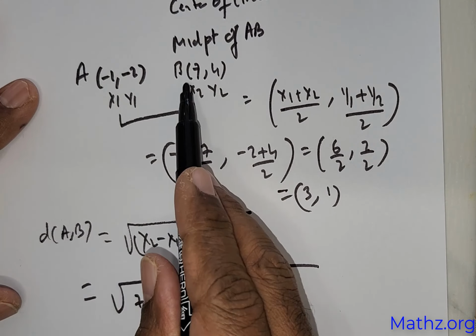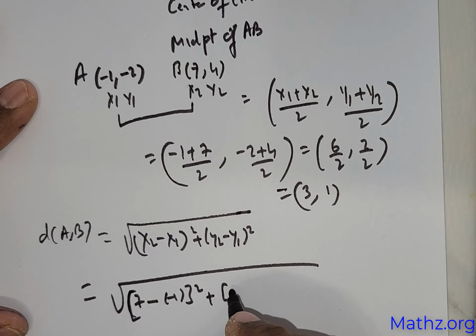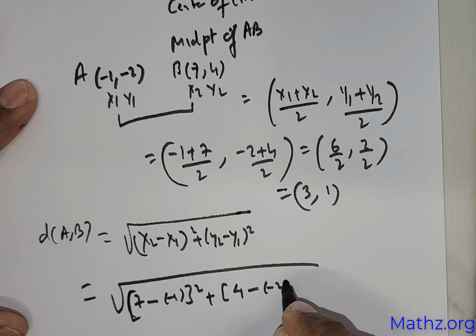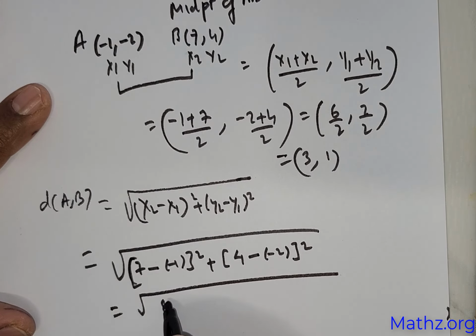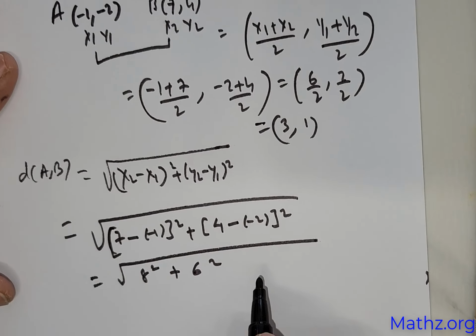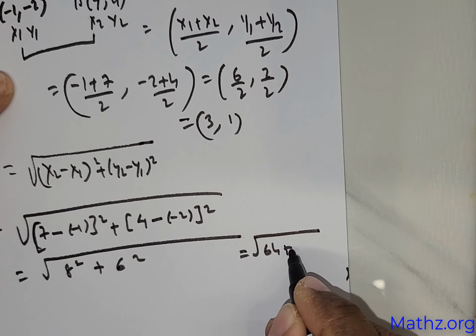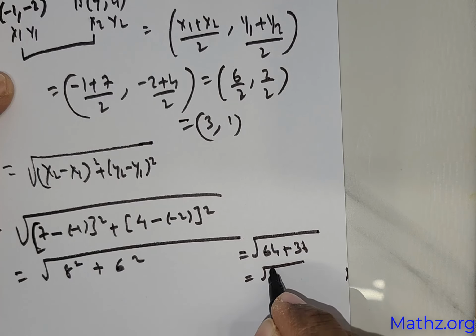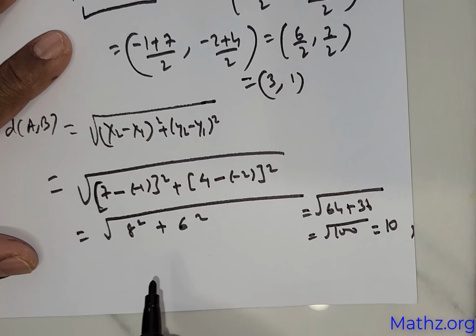Using the same coordinates: (7 - (-1)) squared plus (4 - (-2)) squared. So this is going to give me 8 squared and 6 squared. 8 squared is 64, 6 squared is 36, that's root of 100, which will give us 10 units.